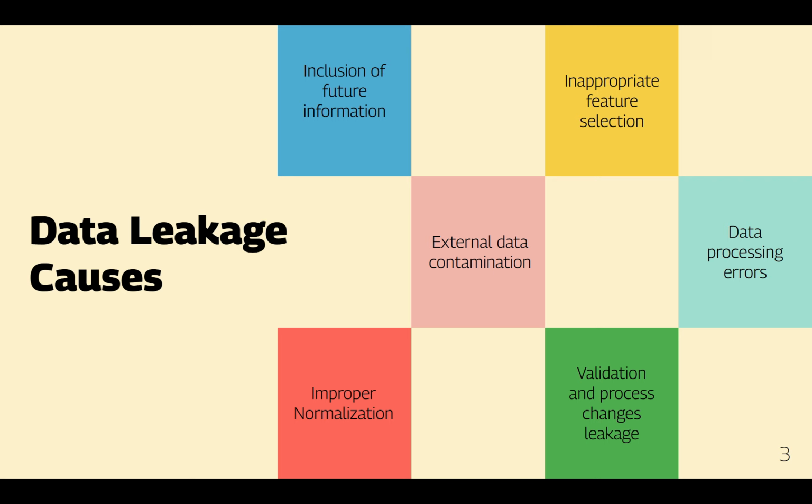So let me briefly define underfitting and overfitting. According to IBM, underfitting is a scenario in data science where a data model is unable to capture the relationship between the input and output variables accurately, generating a high error rate on both the training set and unseen data.